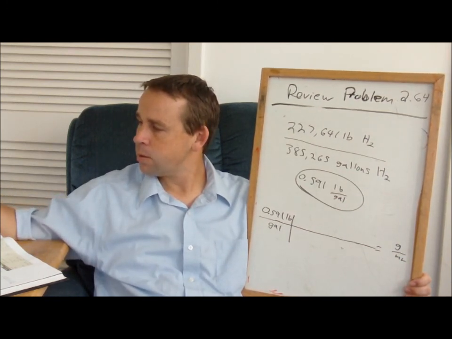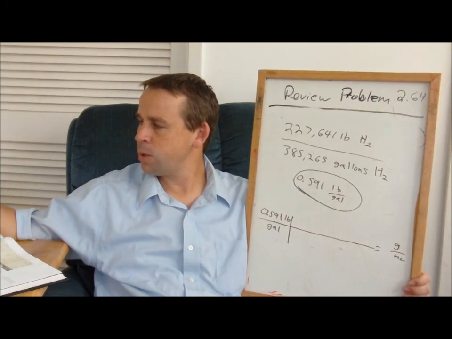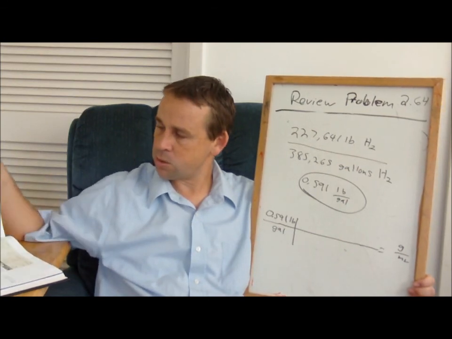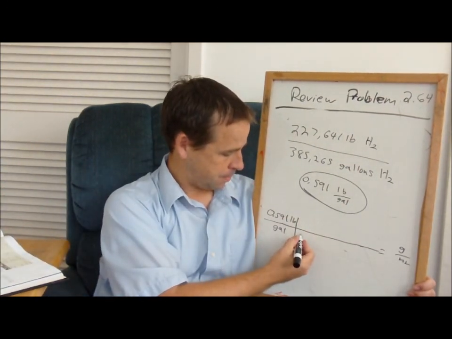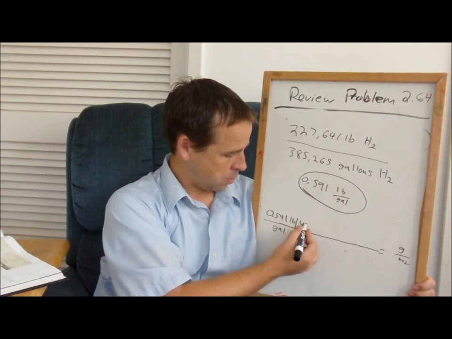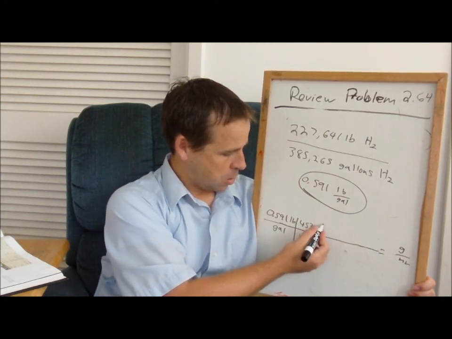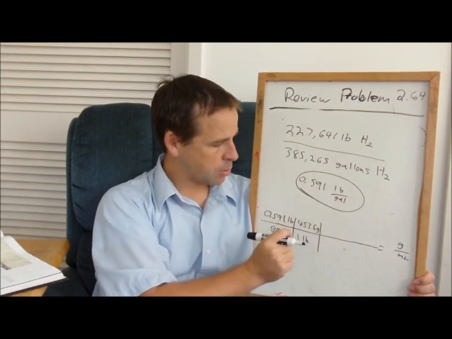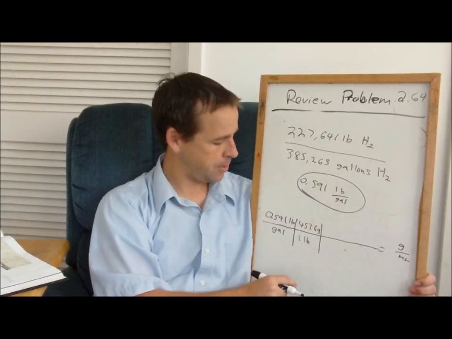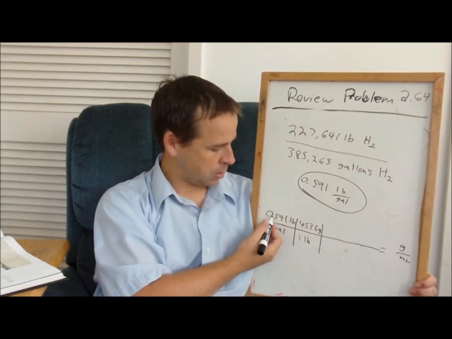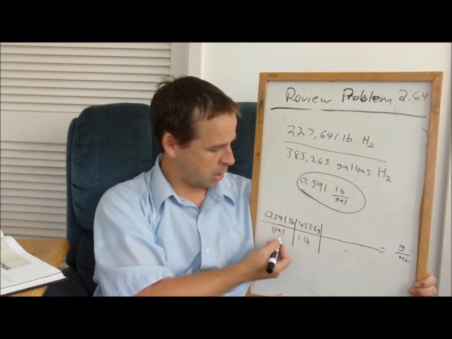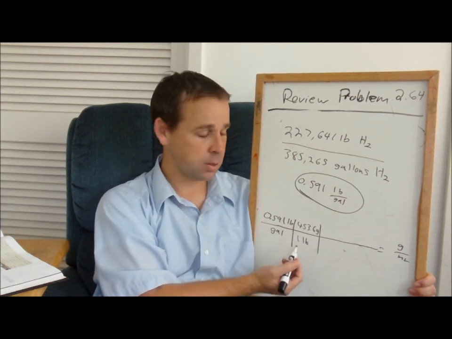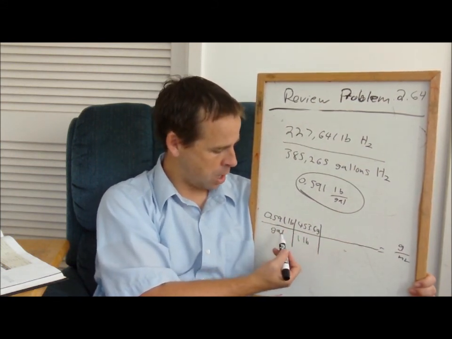Mass: there's 1 pound, 453.6 grams. Pounds go on the bottom because we need to get rid of these pounds, and grams go on top because we want to be in grams. So 0.591 pounds per gallon multiplied by 453.6 grams per pound, now our units will be grams per gallon.